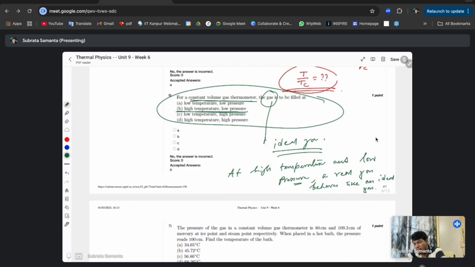So therefore the gas is to be filled at high temperature and low pressure. So option B is correct, right? Because in the constant volume gas thermometer the gas behaves like an ideal gas. So that means this must be at high temperature and low pressure.